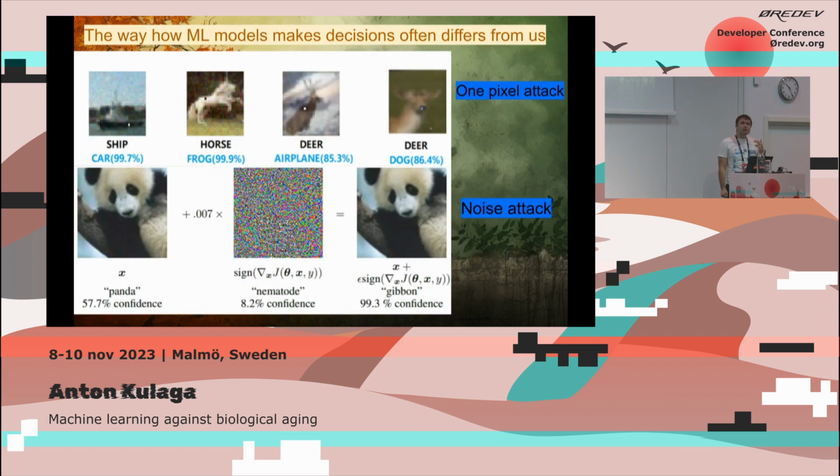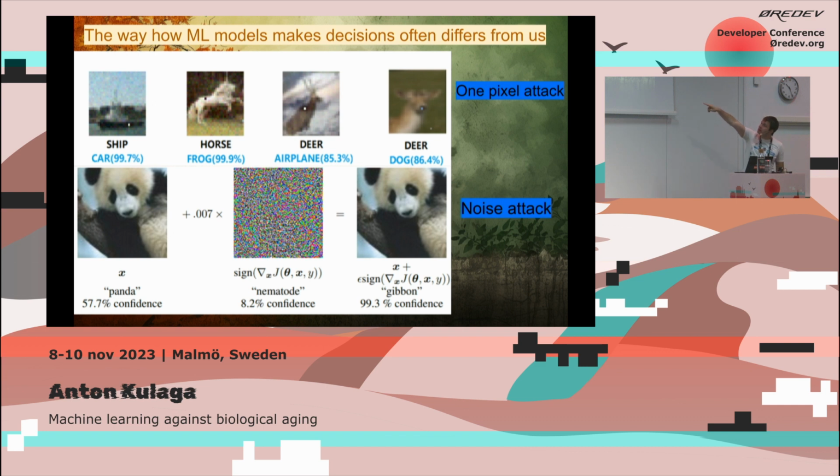And the problem here is that many neural network models have different reasoning than we humans. For example, here is a famous one pixel attack, where you change one pixel and you can turn a sheep into a car, a deer into an airplane, because some visual models make decisions very differently from humans. Same with the noise attack.